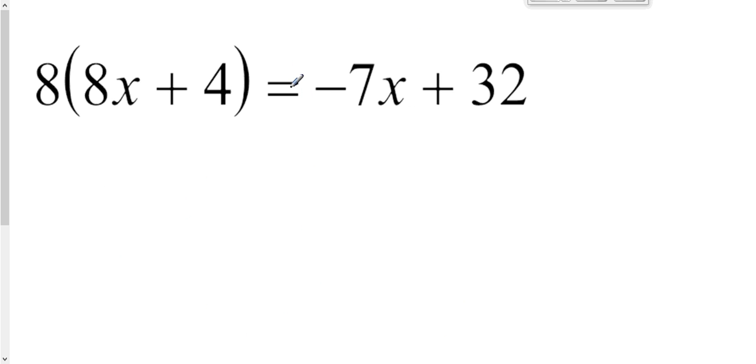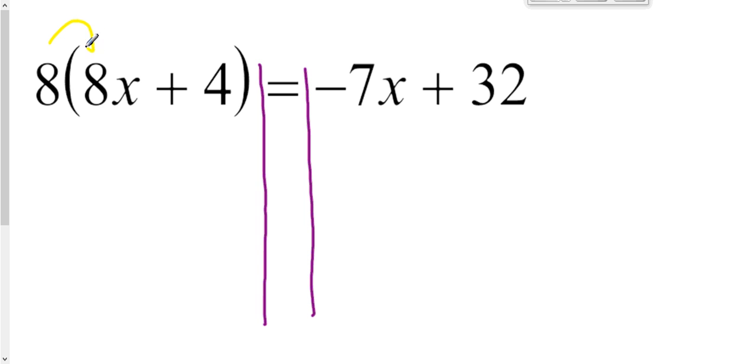Again, before we get the both sides to talk to each other, we want to distribute. We get 64x plus 32 is equal to negative 7x plus 32. Can't have x on either side.